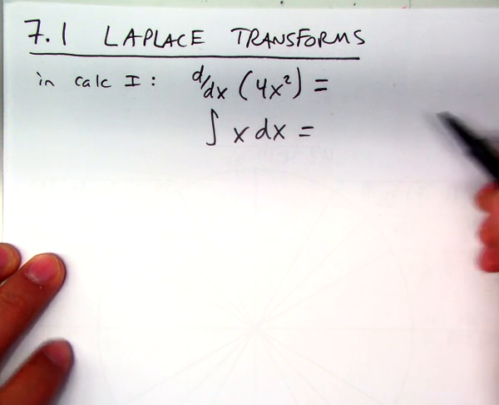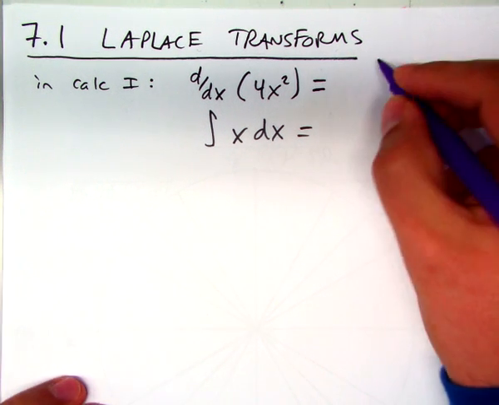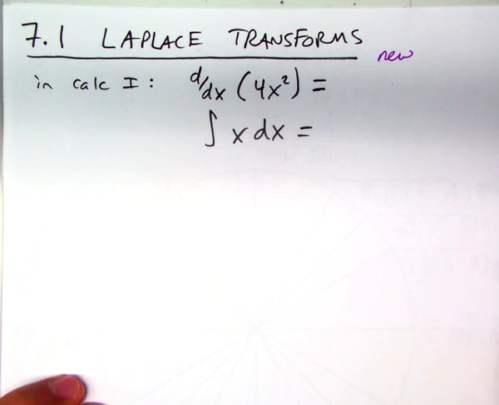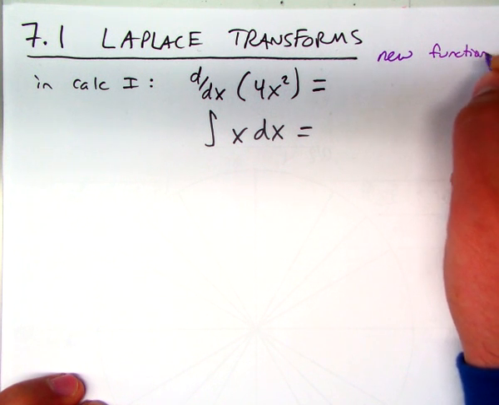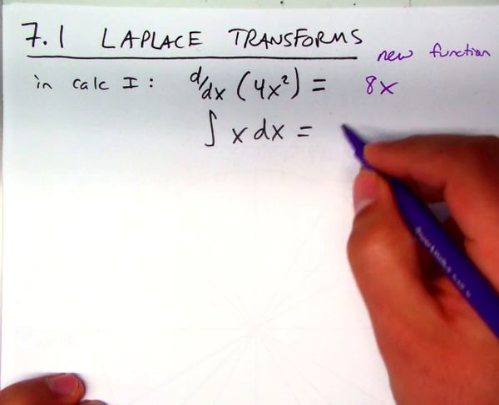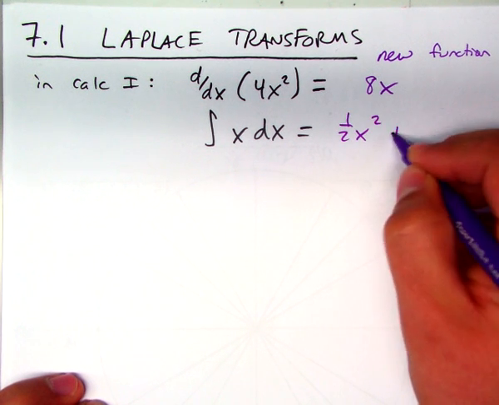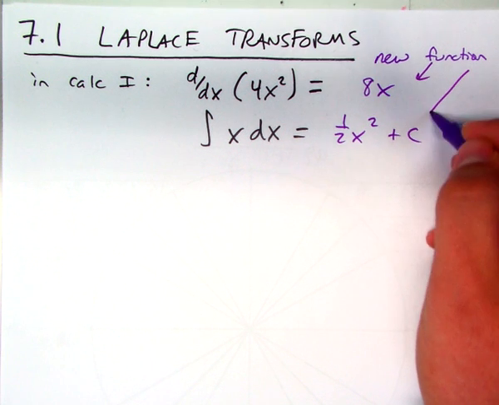And the result, after doing the derivative or integral, was some new function. Here in this case it would be 8x. Here it's 1/2 x squared plus some constant.